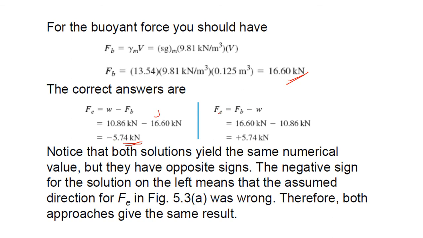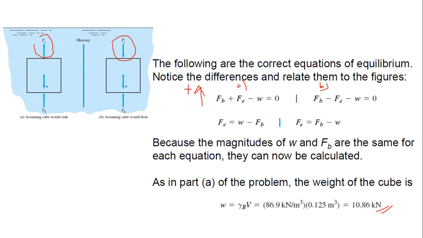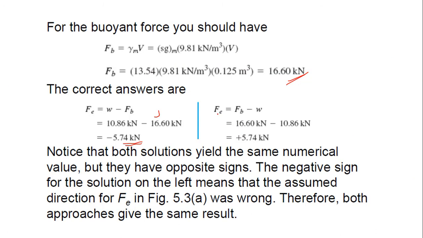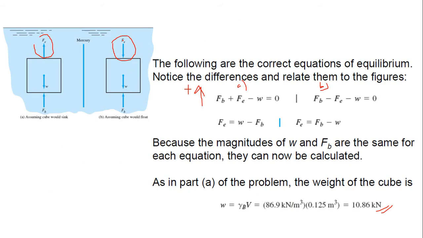Okay, for the second one that we assume the FE is downward, FE equal to FB minus W. So we know the FB 16.6 minus W 10, so we get 5.74. So this is positive. That means this assumption, the FE is going downward, is correct.